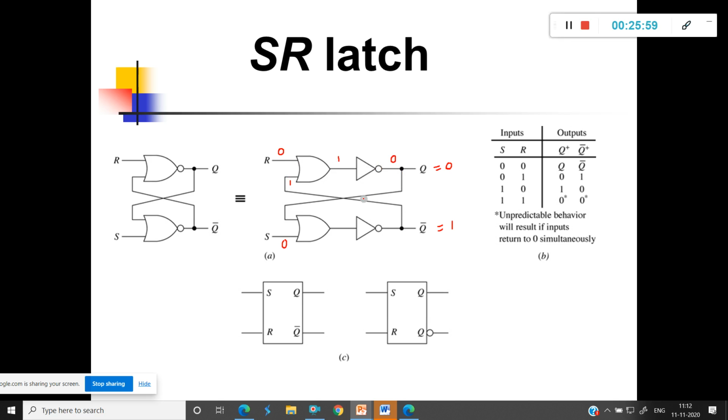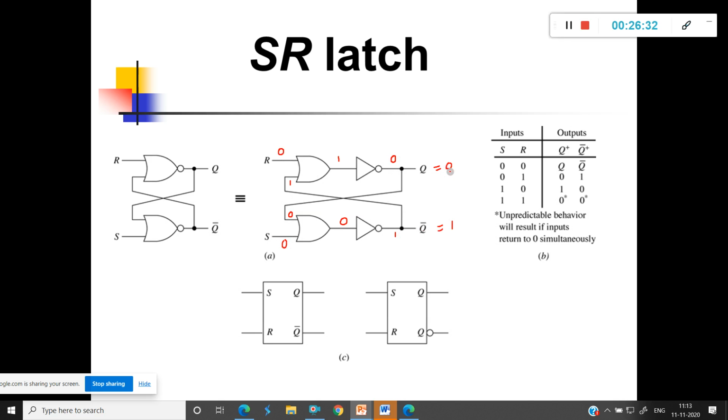This 0 is connected back as one of the inputs of the lower NOR gate. 0 or 0 gives 0. This 0 acts as an input to the lower NOT gate. What is the output of this? 1. So this 1 is Q bar, Q bar is equal to 1. So what did I get, students? When R is 0 and S is 0.